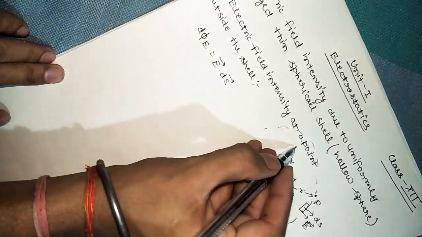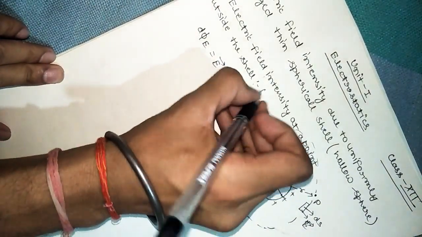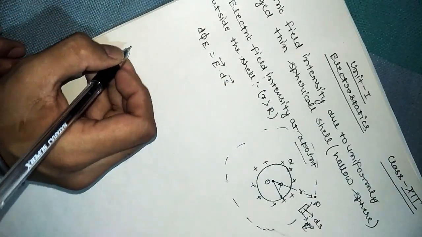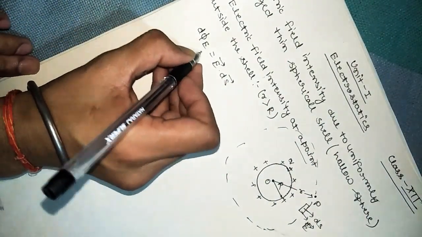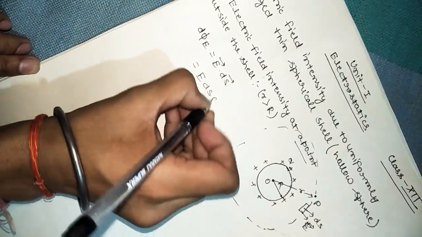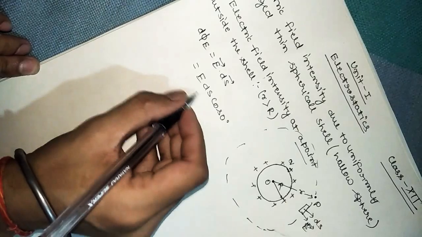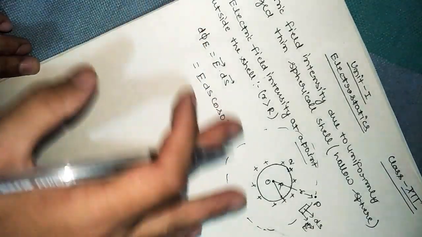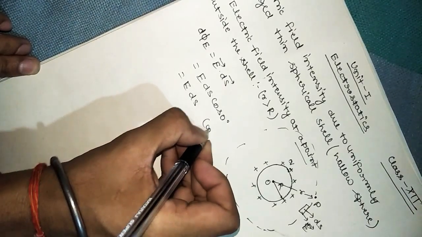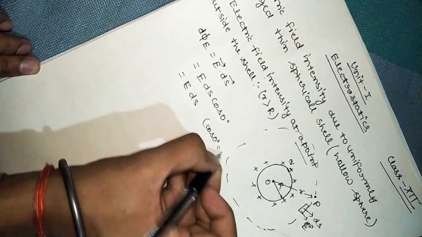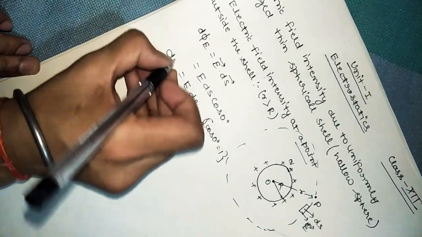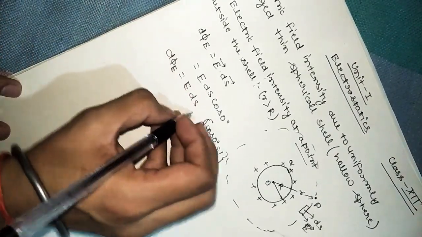Remember one thing, outside a point, small r is greater than capital R. So d phi is equal to E ds cos 0 degree. Remember, this is a very common point in all the applications. Cos 0 is equal to 1, so d phi is equal to E ds.